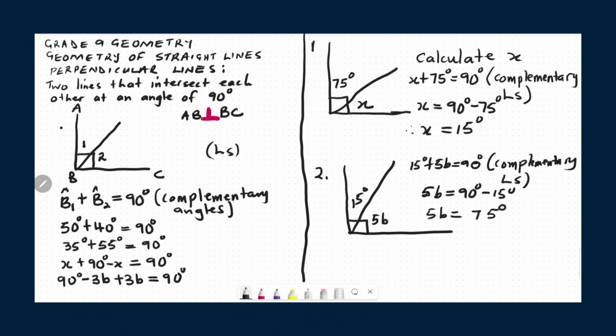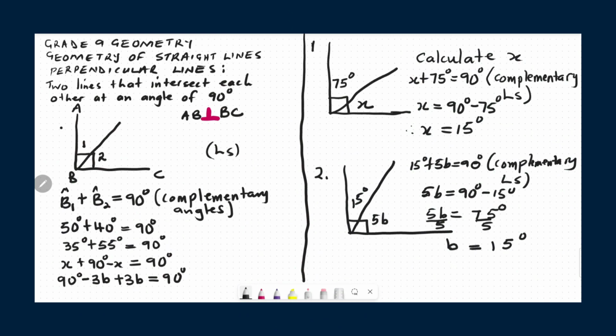But we want b, so what do we do? Divide by 5, divide by 5. That means b is equal to 15 degrees.